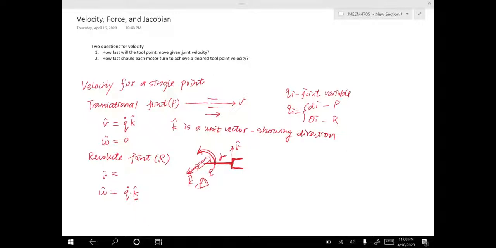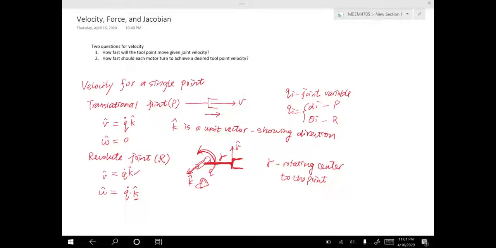If it is a vector, by definition, that is the angular velocity times this r, and the r means from the rotating center to the point you want to calculate the linear velocity.